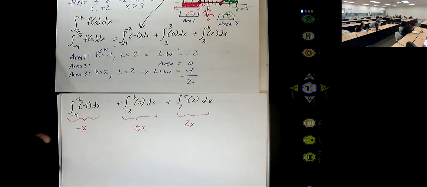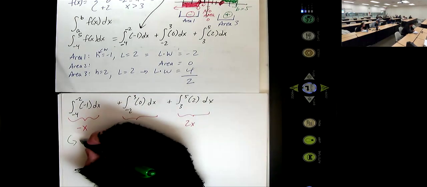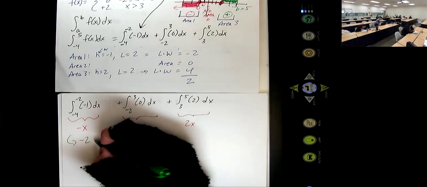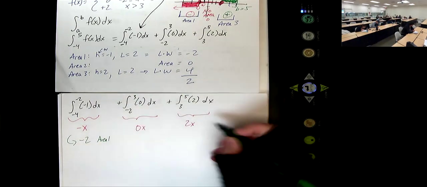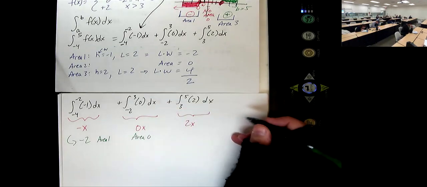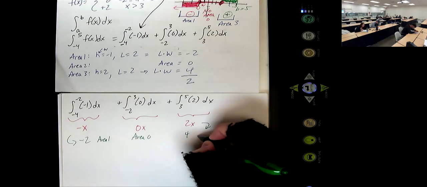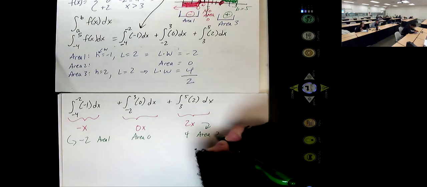Now I know this is representing area. This should lead to the -2 that we had up here for area 1. We can see that's already gonna be 0 no matter what, because we've got 0 as the answer. And this should lead to 4 for area 3.